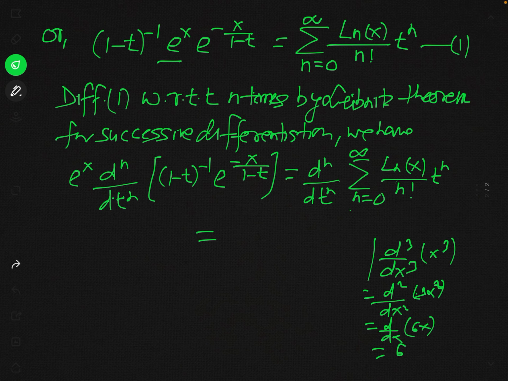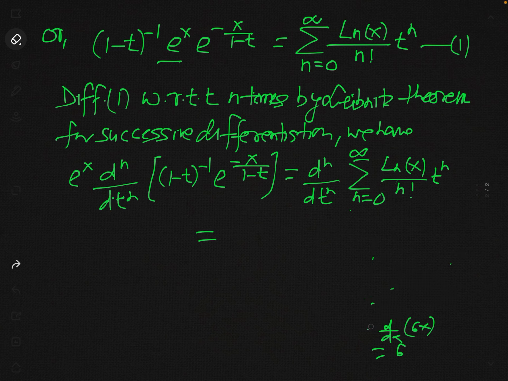So if we now differentiate it again, then the result will be 0 because the final term is constant. So from this you can say that all the terms up to the term containing t raised to the power n minus 1 will vanish after differentiation n times. So what will be our result? You can see here.